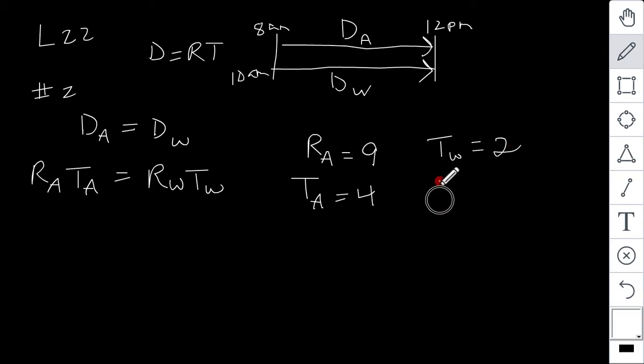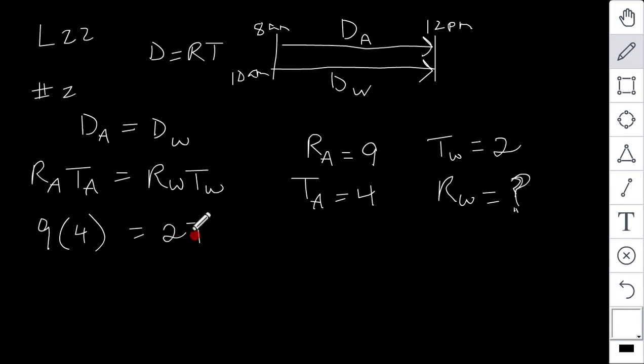The only thing we don't have is the rate of Wilhelm, and that's what we're going to use for our variable. Oh no, my pen just stopped writing. There we go. We've done these kinds of problems before, so we're going to fill them all in. Rate of Alonzo is 9, time of Alonzo is 4, rate of Wilhelm we don't know, but the time of Wilhelm is 2.